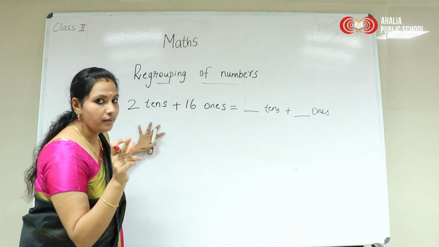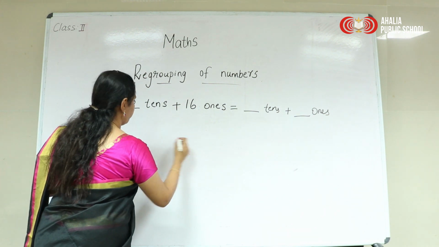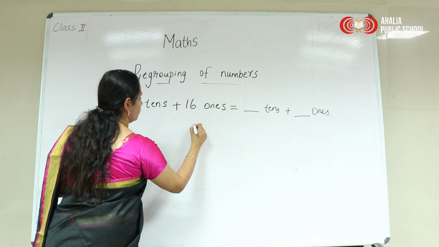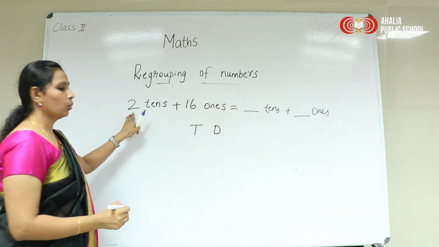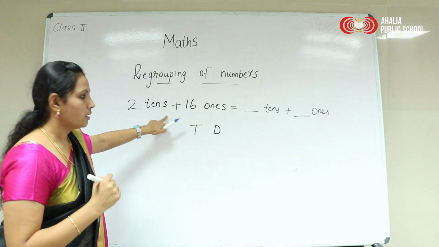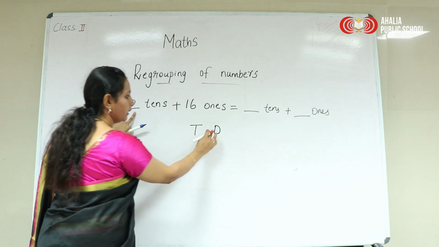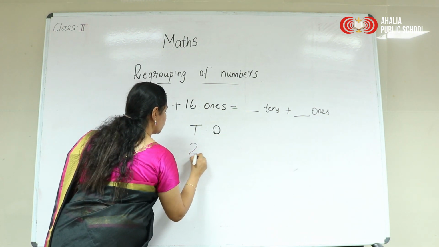If 2 tens, first you have to arrange this in columns. Okay, 2 tens. So place value 1, 10. 2, tens. So where you have to write this 2? In the tens place. 2.